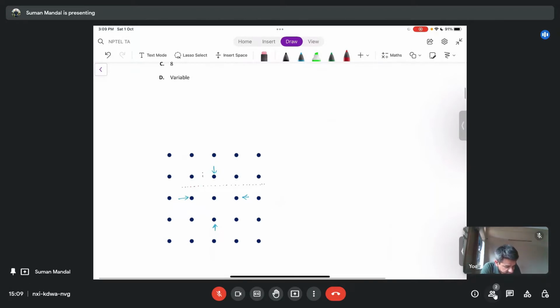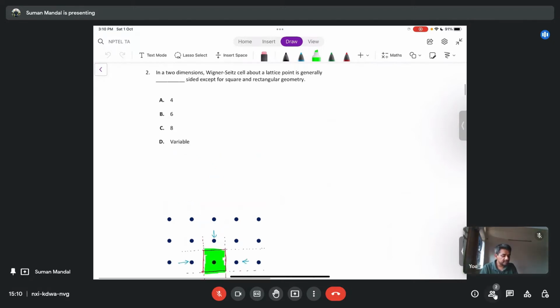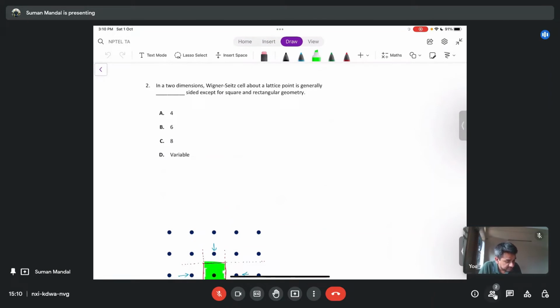With the left, it will be this one. With the bottom, this one. With the right, this one. So the Wigner-Seitz cell will be this unit. Therefore, for square and rectangular, the Wigner-Seitz cell has 4 sides.